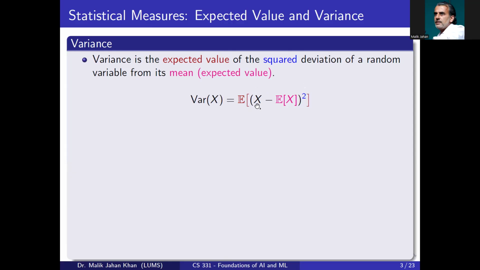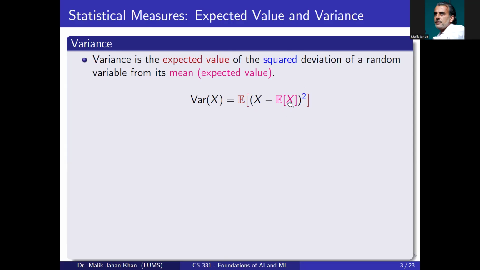Deviation is how far the random variable is deviated from its own expected value. So x minus expected value of x, the expression put inside the parentheses over here is the deviation of a random variable from its mean. X minus expected value of x is the deviation. And then we take a square of this.